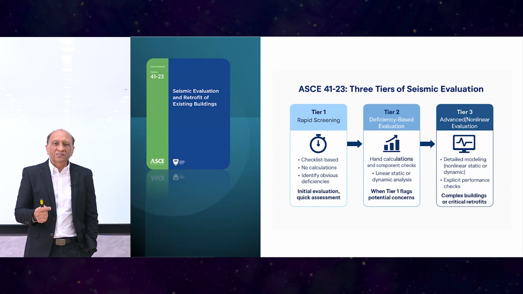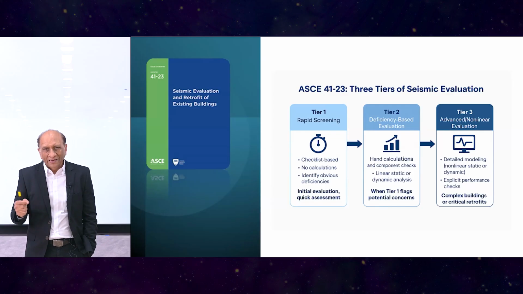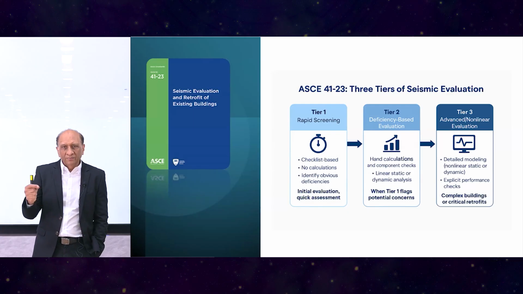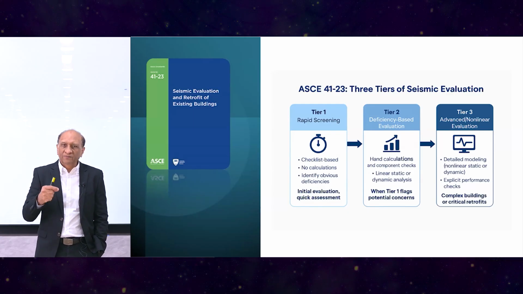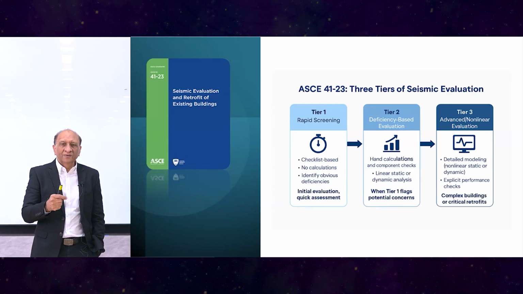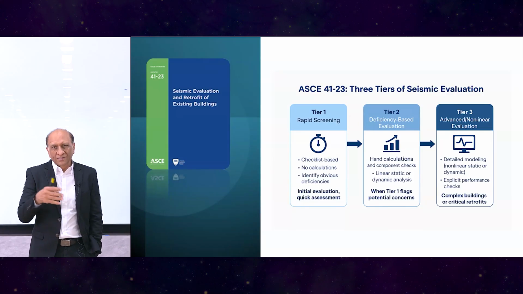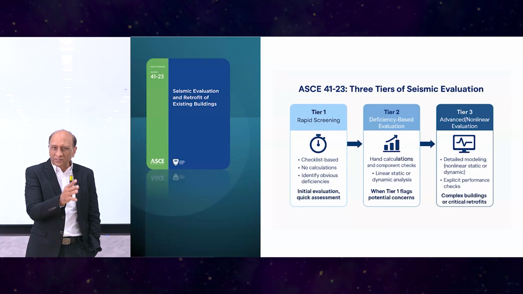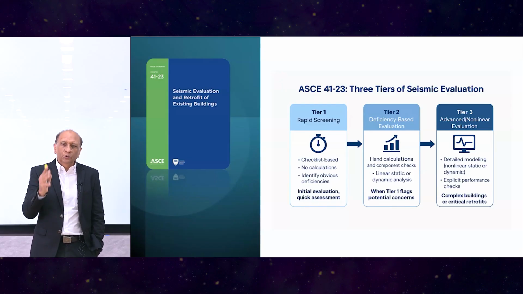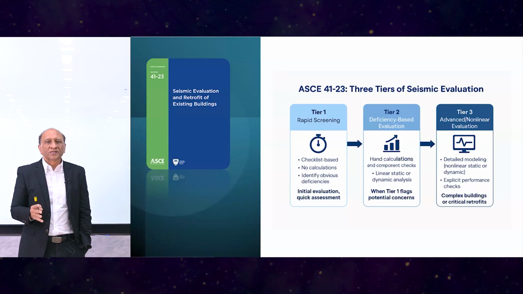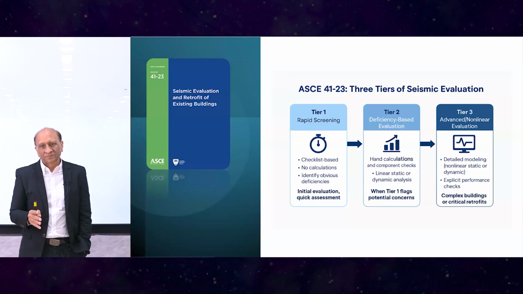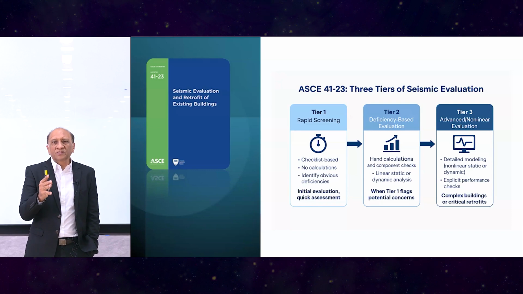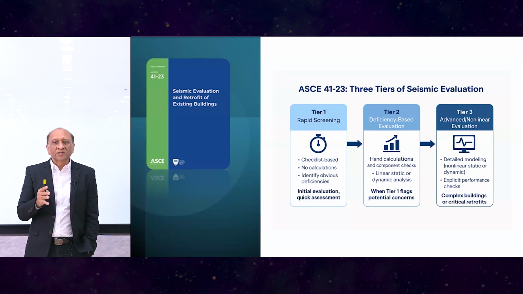The second one is deficiency-based evaluation. We do some hand calculations or simple calculations, some linear analysis, and some dynamic analysis like modal analysis. We determine, for example, whether it is unsymmetrical or not, and something like that. So if the first level is not good, we go to the second level and do a rough or initial calculation, and that is sometimes considered to be enough to start retrofit.